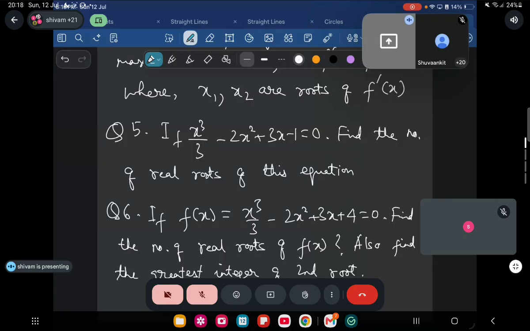Soham, first one is correct. Sure. First one, correct. Now check it again.